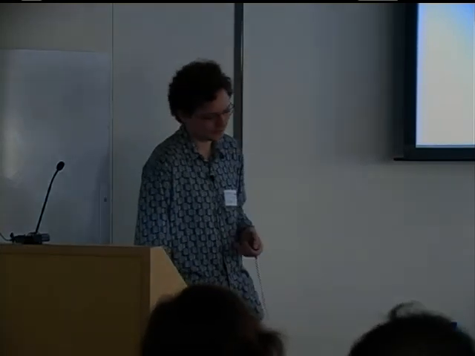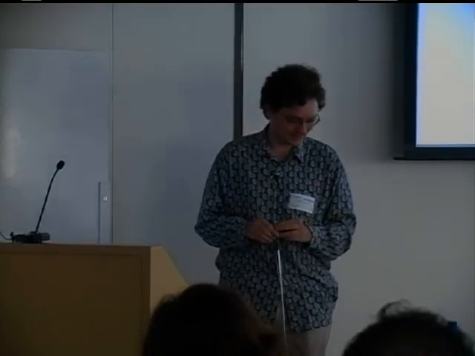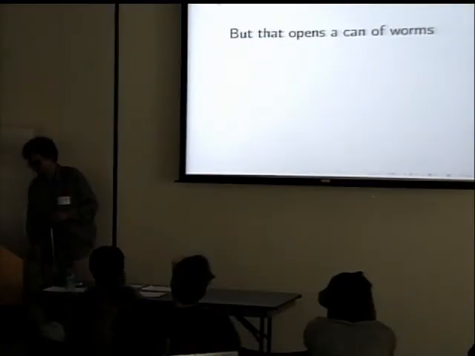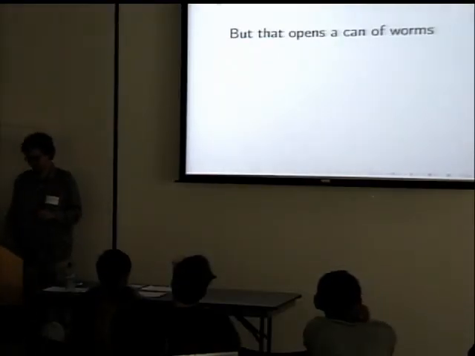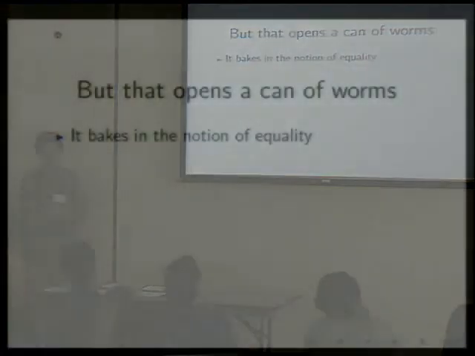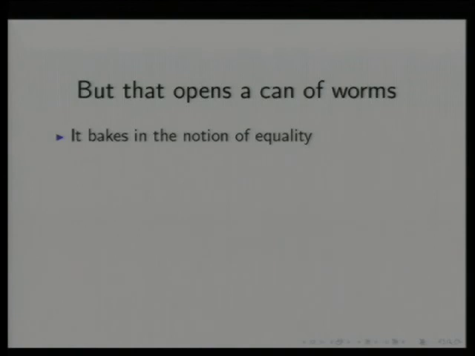That's right. So this avoids the buzzing, and it avoids the fighting, because that signals a contradiction, which you sort of maybe want. But now you've baked in equality. That's not very nice.